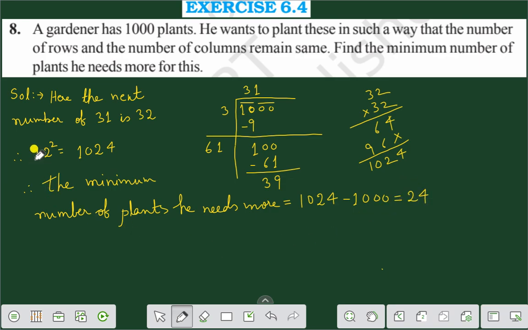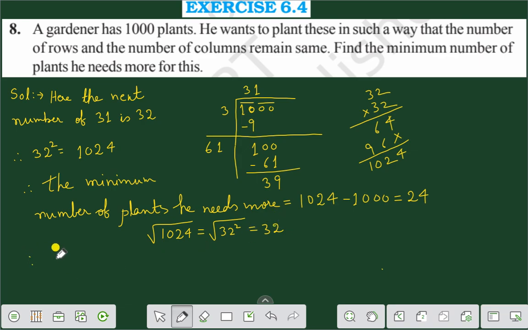Right? And here you see the square root of 1024 is equal to the square root of 32 square, which is 32. Therefore, the number of rows and number of columns will be 32.